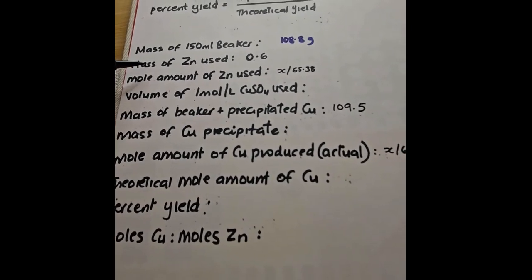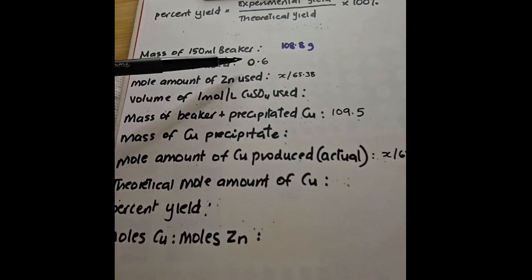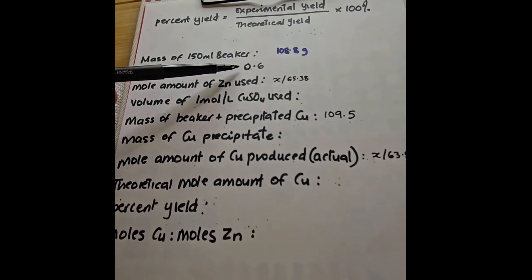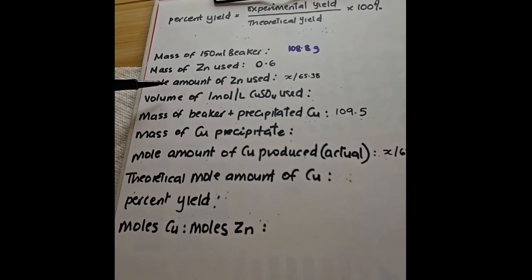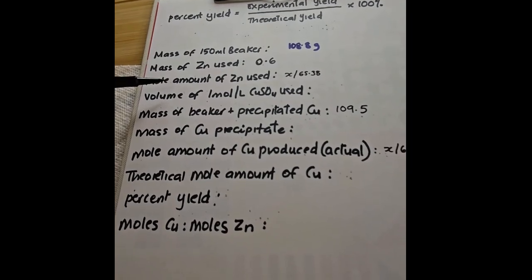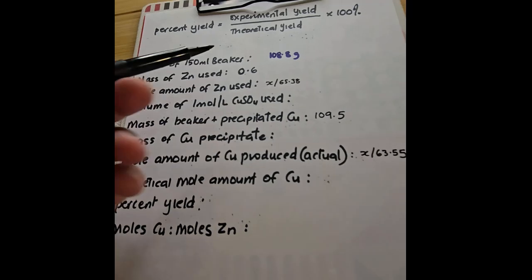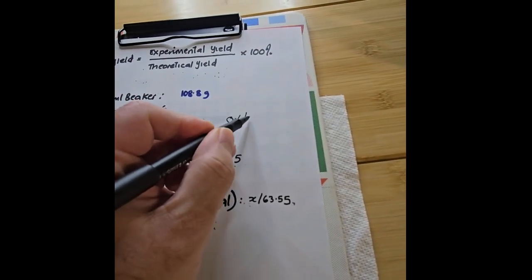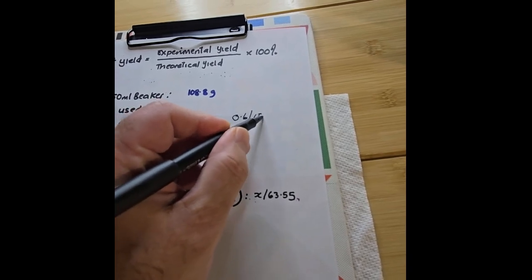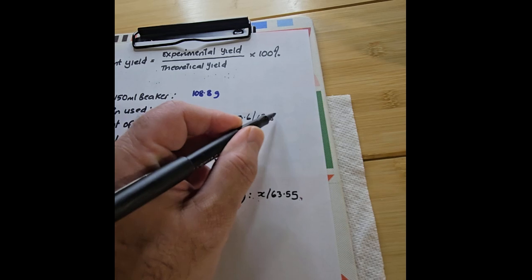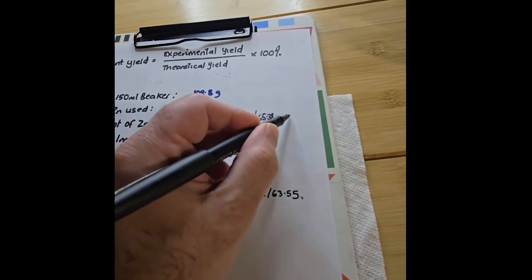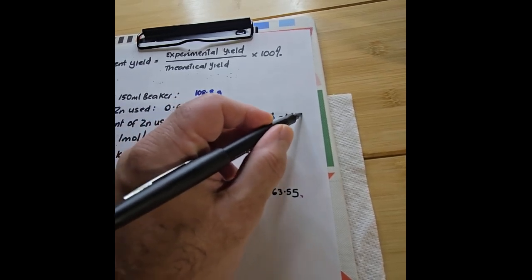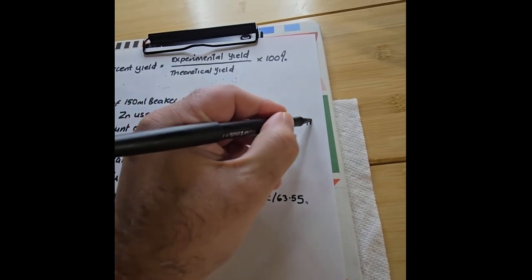The mass of zinc used, remember I weighed 0.6 grams. The mole amount of zinc used is the mass, 0.6, divided by 65.38, which equals 0.009 moles.